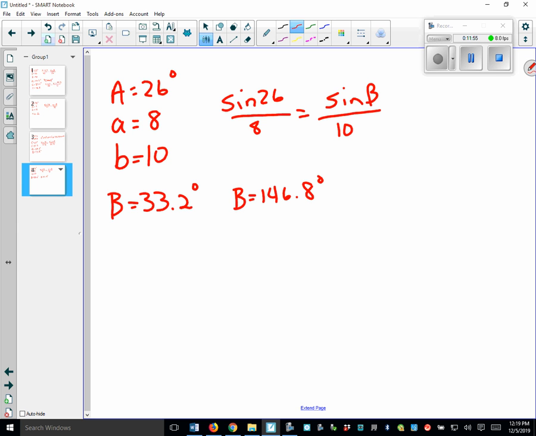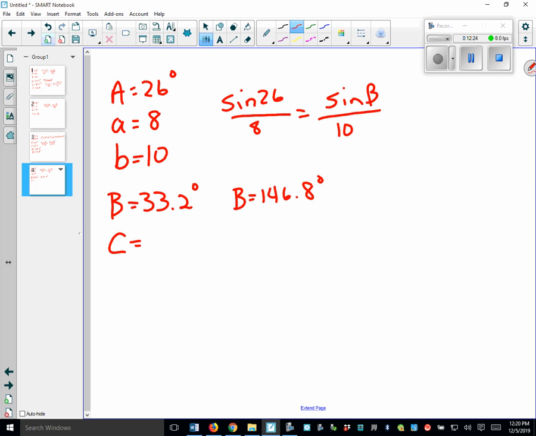33.2 plus 26 is 59.2. Exactly. To find this angle, I do 180 minus 33.2, and you're finding B. What do you have for angle C?